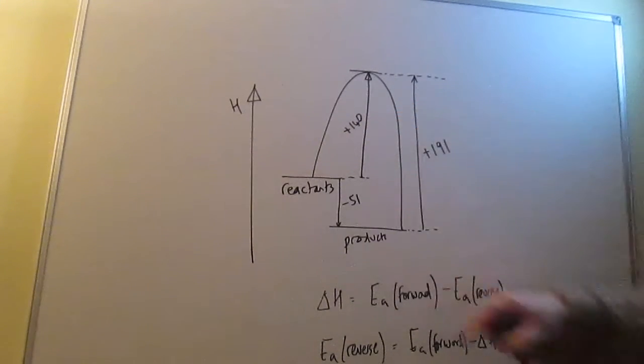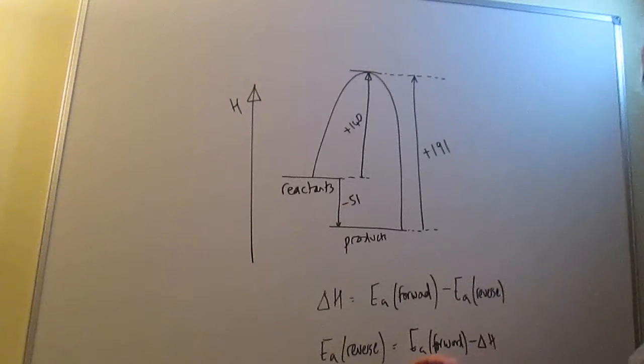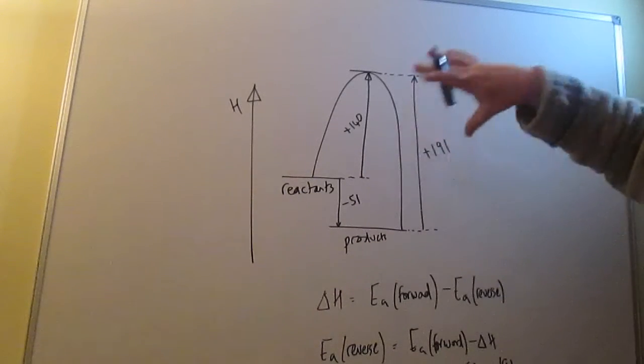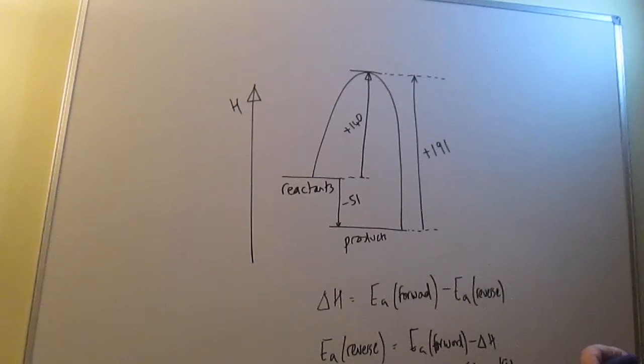It's 140 minus 51. Okay, so it's 140 minus 51 is equal to 191. So that would give you the right answer, but I think unless you really don't like pictures, it's much easier to work it out just from the diagram.